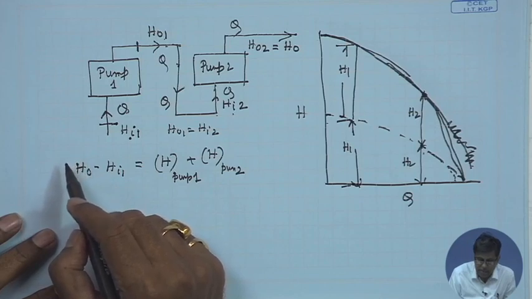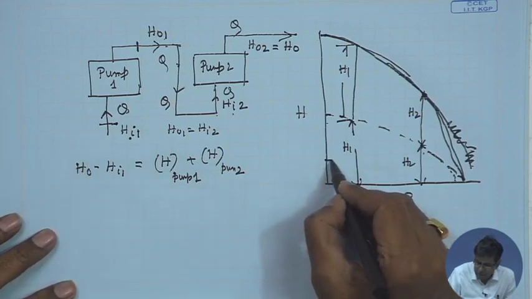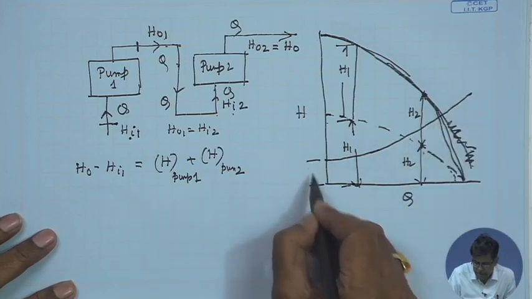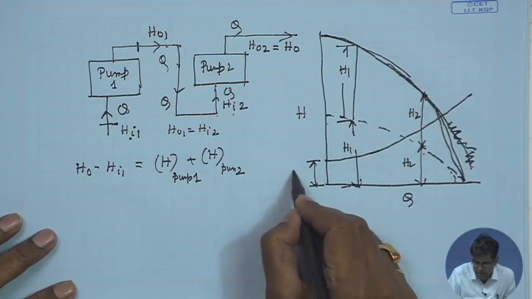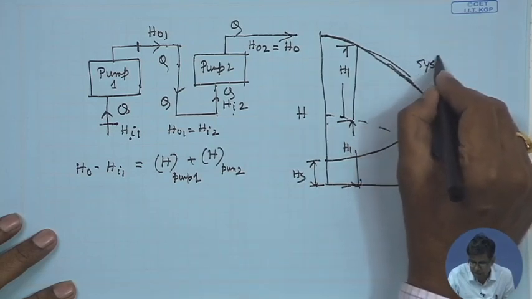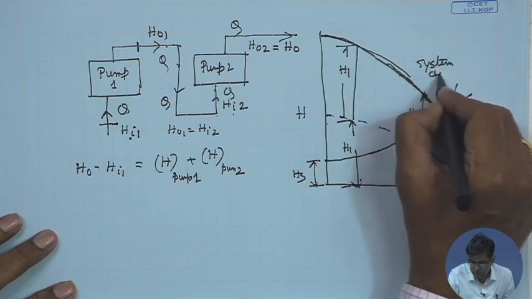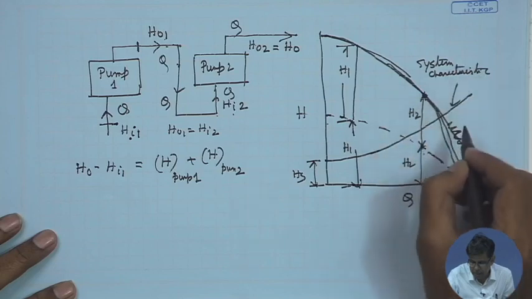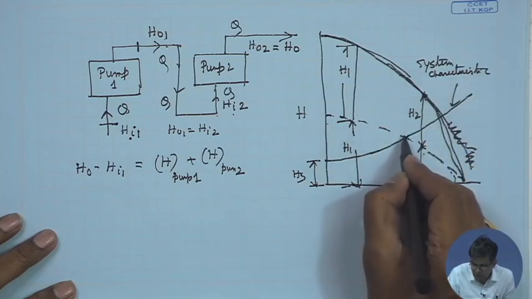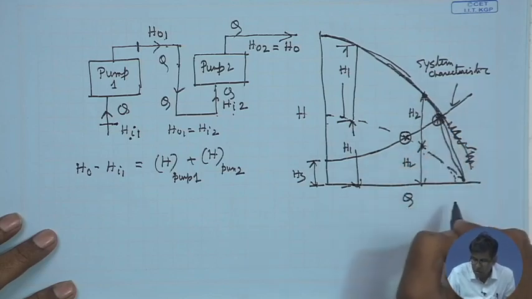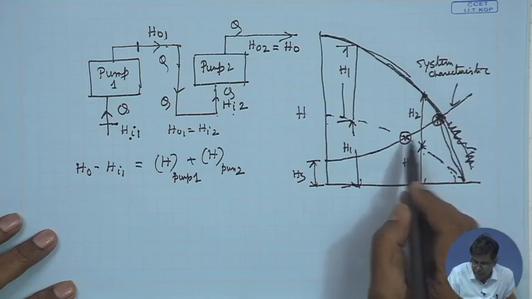But the interesting thing is that if we draw the system characteristic, HS, then you see, this was the operating point for the single pump, and this will be the operating point for the combined pump, where the head is not doubled.